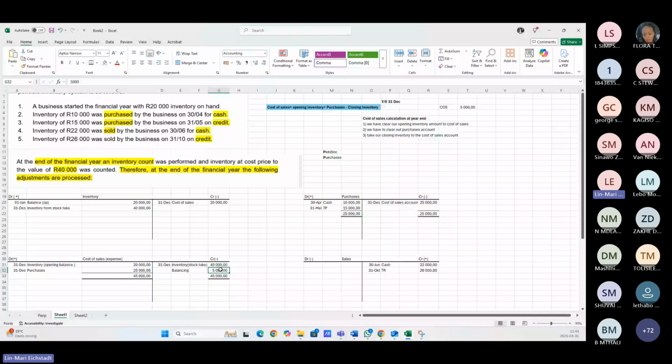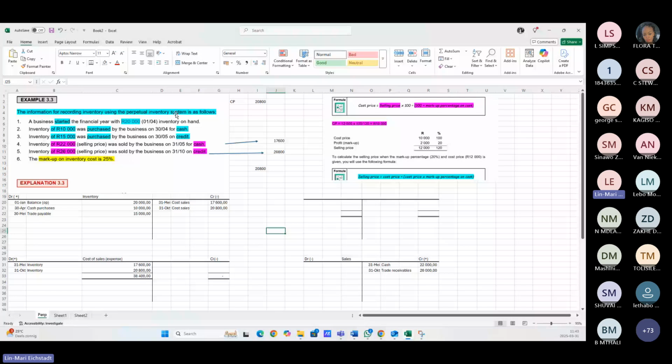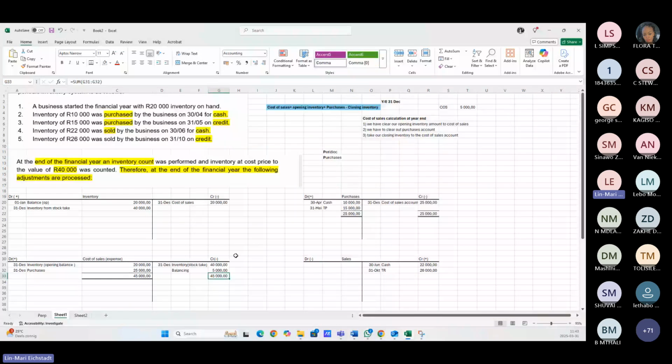However, with the perpetual inventory system, you are calculating your cost of sales as you go along, as you know what your markup is. So you're already working out what your cost of sales is as you go along. Whereas with the periodic one, that's not the case. But yes, in an ideal world, you would then expect it to be the same 5,000 Rand cost of sales.